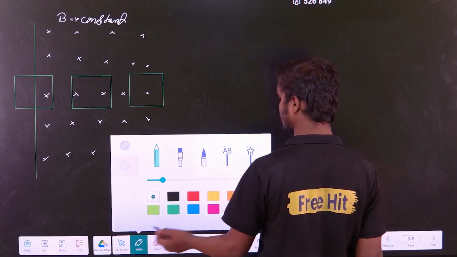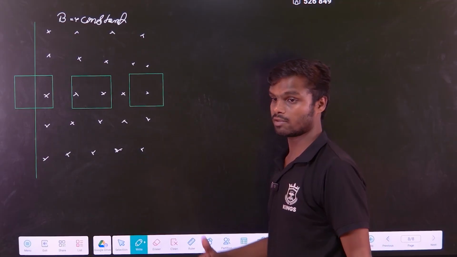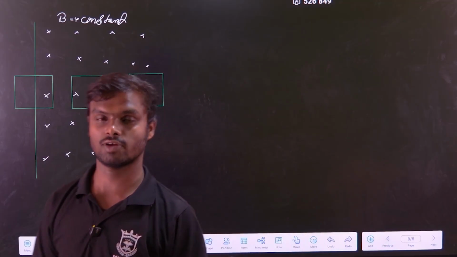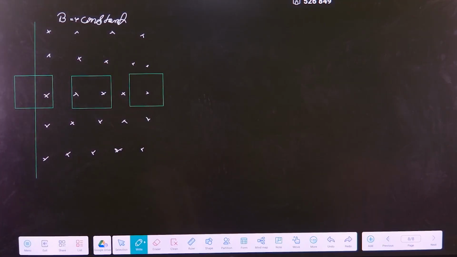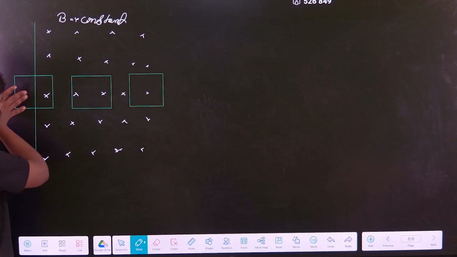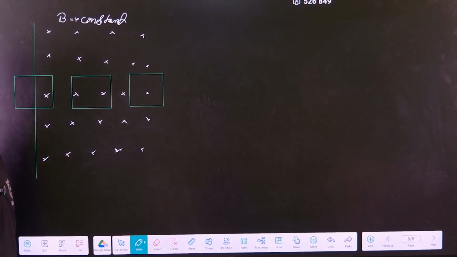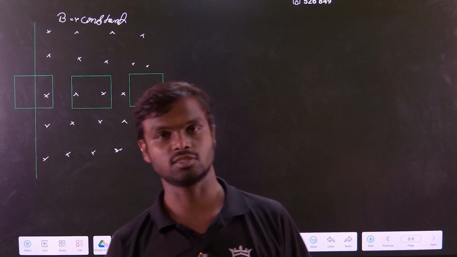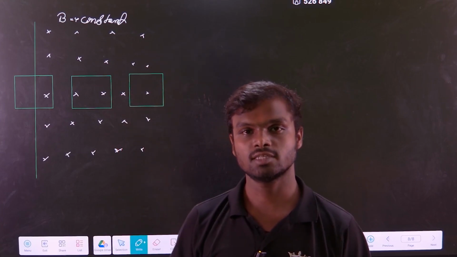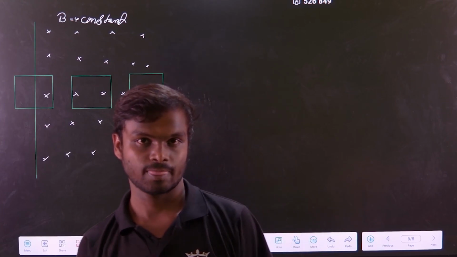First, try to analyze what is the reason that the magnetic flux is getting changed and how to find out the direction. See, if you look at the things very properly, as it is going inside, what is changing here? What is the parameter it is changing? There are three parameters that can be changed: either the magnetic field, or the area, or the theta angle. What is changing here?